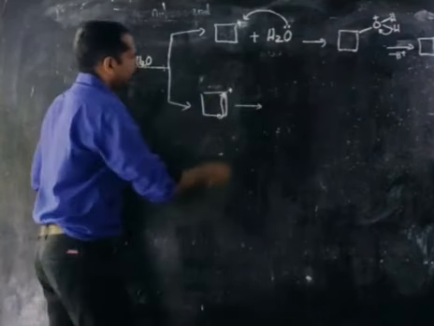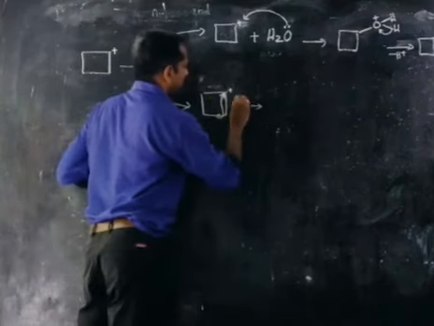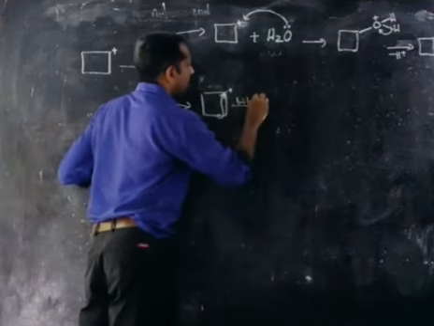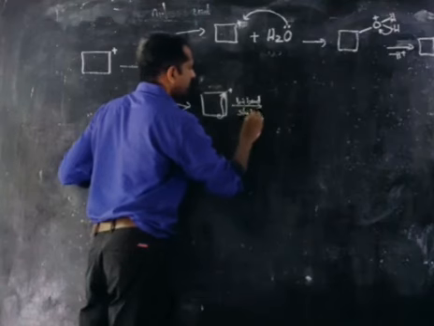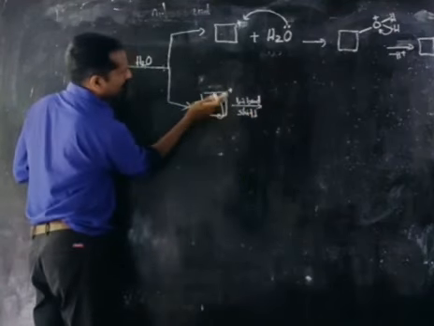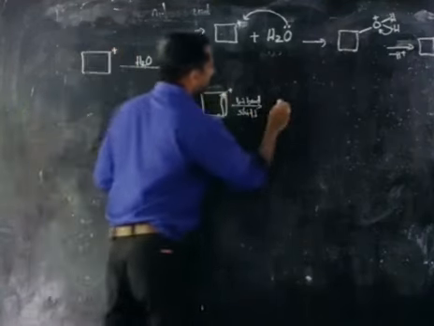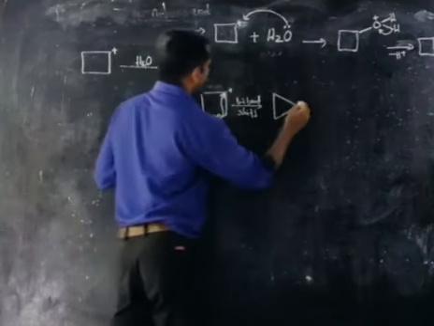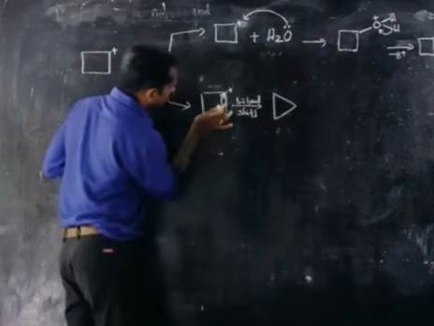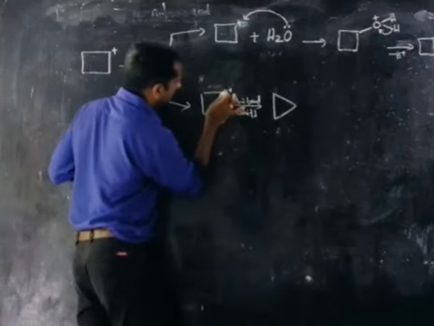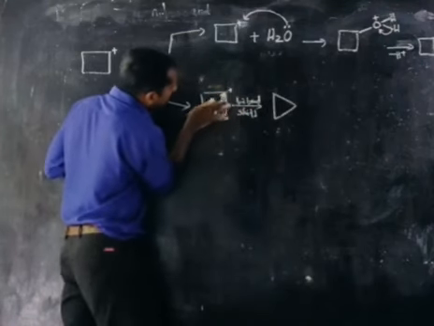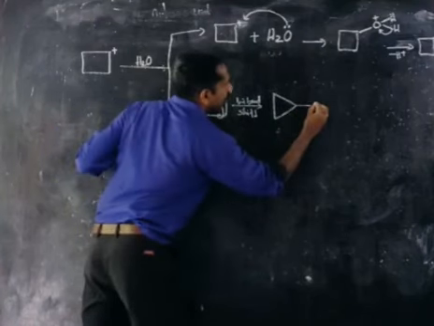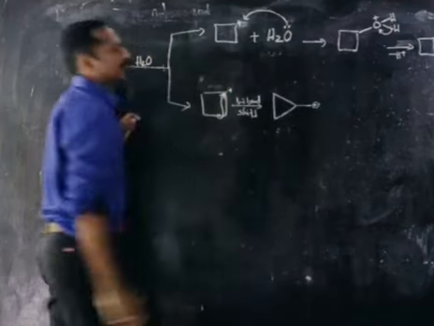That means a 1,2 bond shift. Now you get a structure like this, and it will become 3-membered. Here there is no positive charge, the bond breaks and joins here, and this end is having a positive charge.